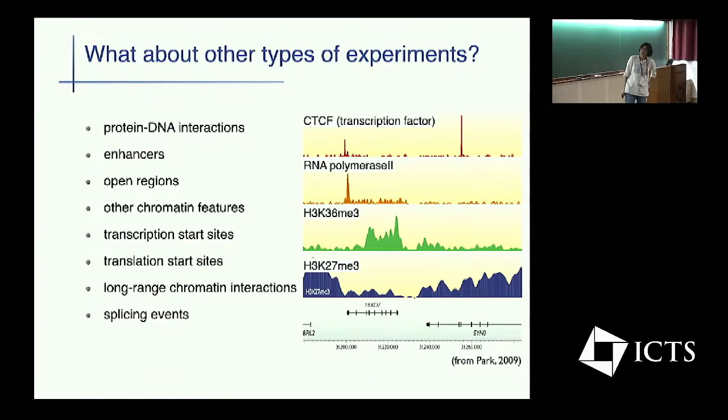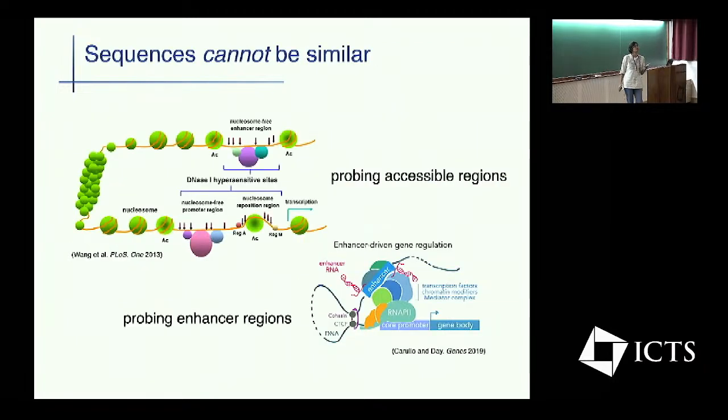Protein DNA interactions are a tad easier because you expect a single mode of interaction. But if you think about things like enhancers or open regions, you have many assays giving you that, or even the nucleosome acetylation that we saw. That's also a mark that you're getting. All of them are inherently giving you DNA that comes from diverse regions and for diverse reasons.